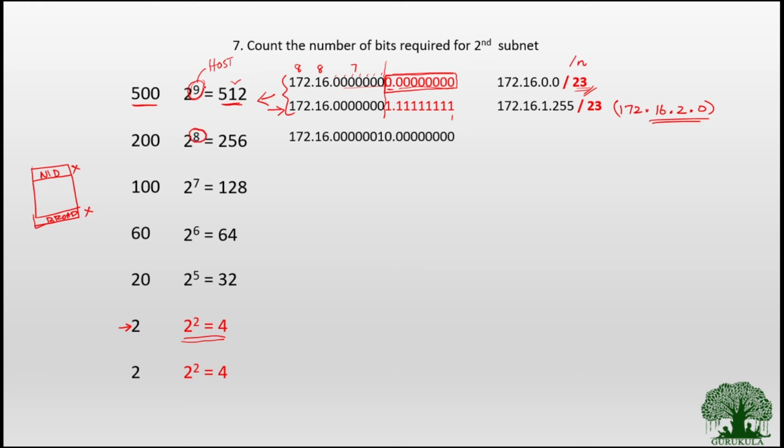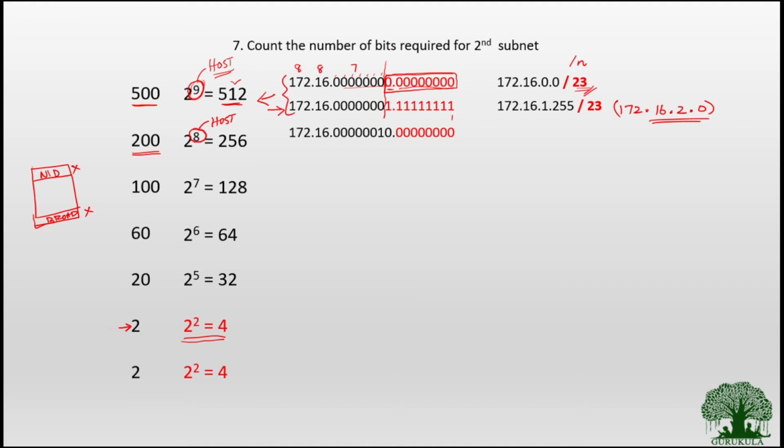Now the number of bits required for the host part is varying. Earlier we required 9 bits for representing the host, but now only 8 bits are enough, because I am going to connect only 200 hosts.